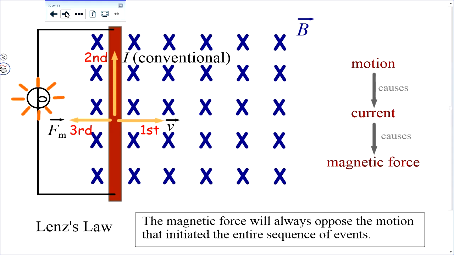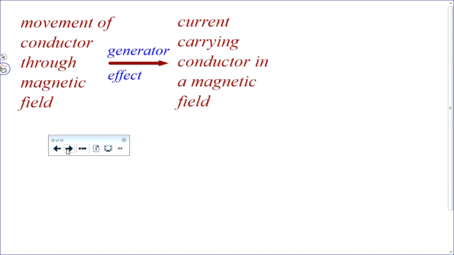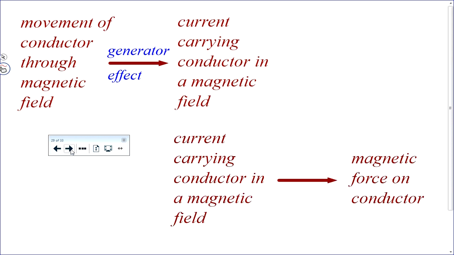We could take a look at a different situation where we're going to get rid of the magnetic fields and everything. If you have movement of a conductor through a magnetic field, you will create a current-carrying conductor in a magnetic field. You're going to generate electricity. If you have a current-carrying conductor in a magnetic field, you're going to result in a magnetic force acting on the conductor.